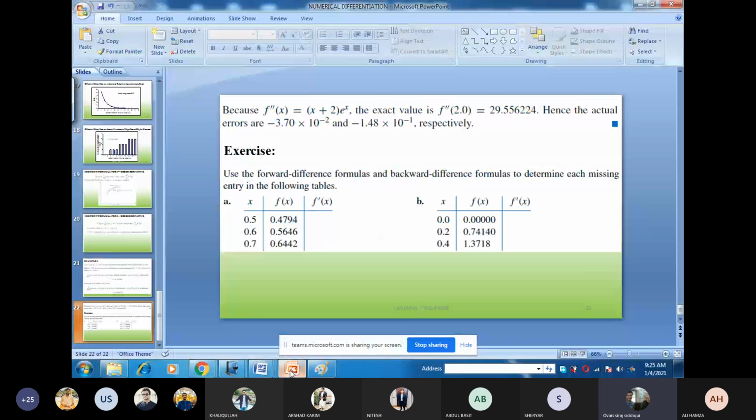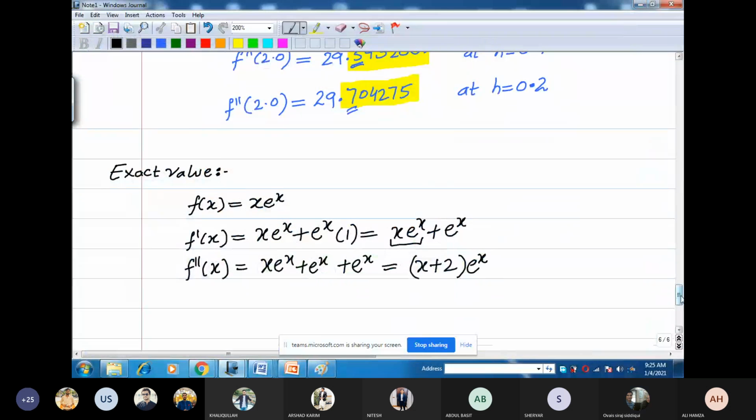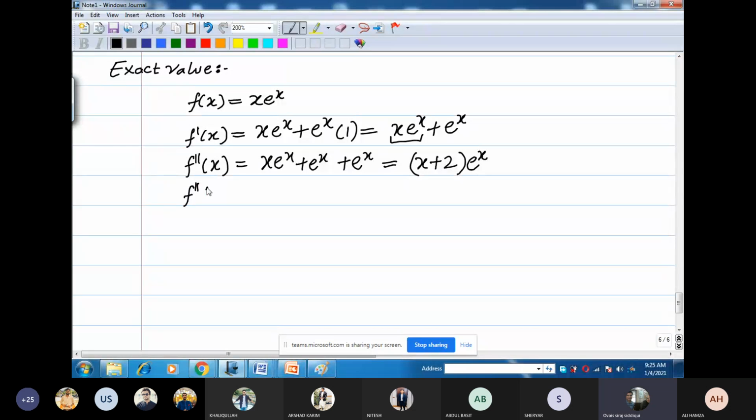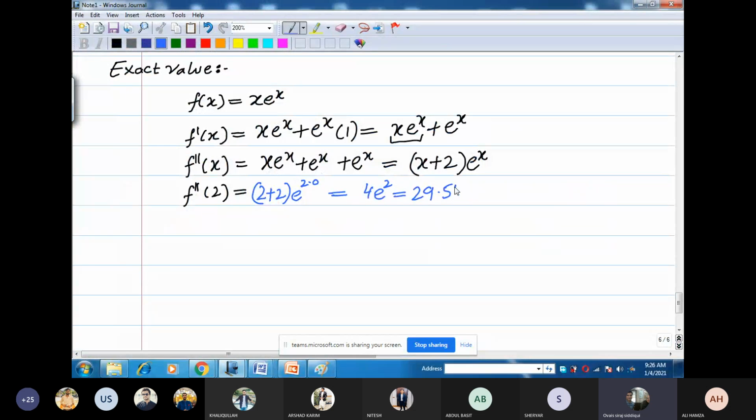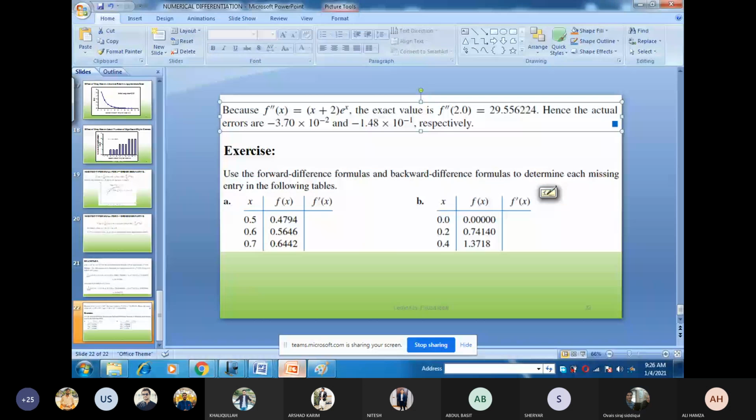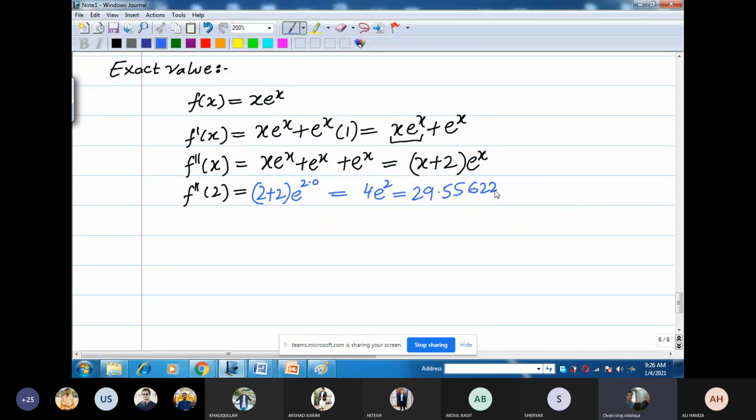This is the second derivative. And if we put 2 in the equation, we get 2 plus 2, that is 4 times e squared, which is equal to 29.556226224. This is, we can say, the exact value.